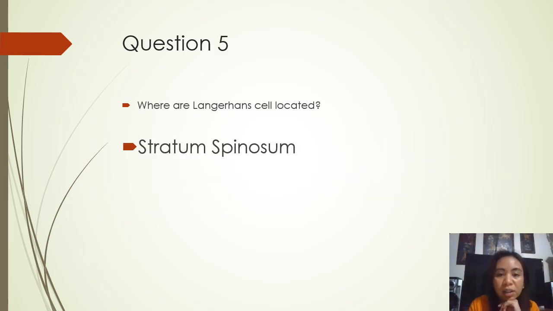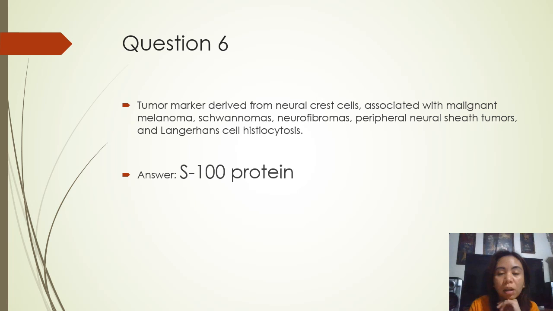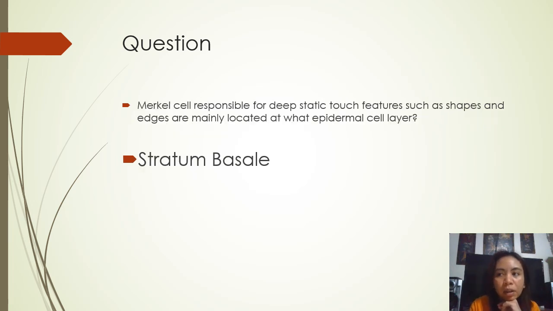Where are Langerhans cells located? It is located mainly in stratum spinosum of the epidermis. So tumor marker derived from neural crest cells that is associated with diseases such as malignant melanoma, schwannoma, peripheral neural sheath tumors, neurofibromas, and Langerhans cell histiocytosis is S100 protein.